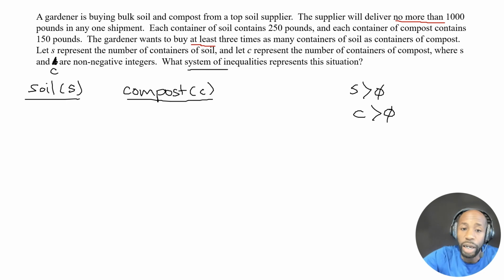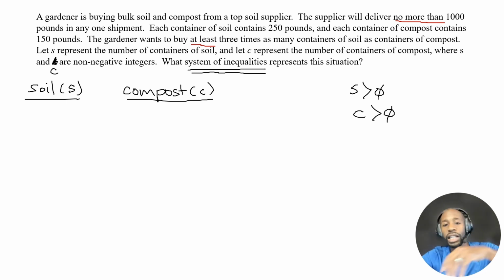Now, I'm going to underline this. This particular SAT type of problem tells us what kind of problem we have here: a system of inequalities. The two phrases that I underlined, no more than and at least, both represent the fact that you're dealing with inequalities.